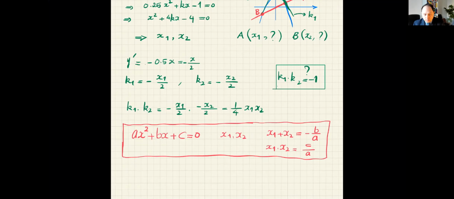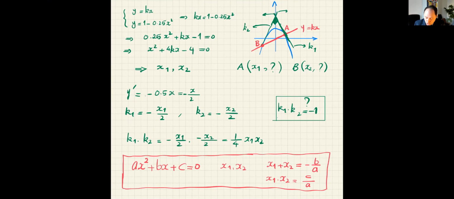In the solution in the book, this part is also being proven. This is why the solution is long. But assume that for the time being, you know about this. If I ask you now, what is x1 times x2, you would say that x1 and x2 are the solutions of this equation. And if we take for granted that the product is c over a, then I immediately realize that x1 times x2 is c divided by a.